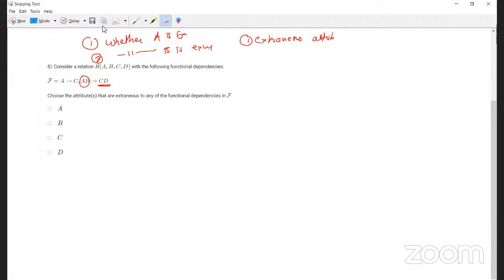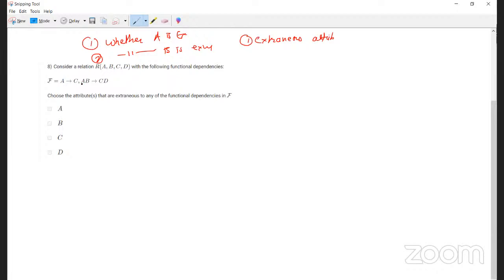Piyush sir, am I audible? Yes, Pradeep. I want to add something. Who asked that question, Rhea? Rhea, you decomposed first, right? In that way, you got the redundant functional dependency. But your question is to find the extraneous attribute. To find the extraneous attribute, first you have to make the left side unique.